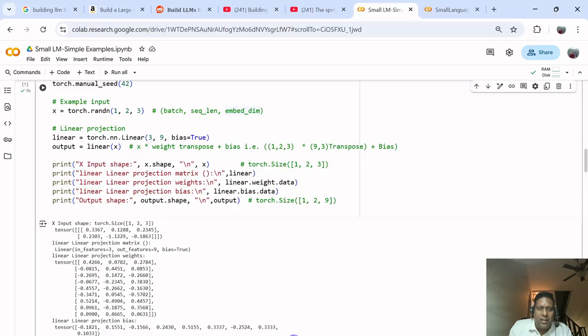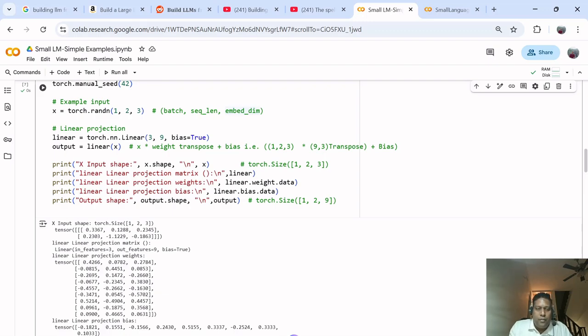Which means this neural network is going to have three inputs, and it's going to give out 9 outputs, right? So the weight matrix really is going to be 3 by 9.